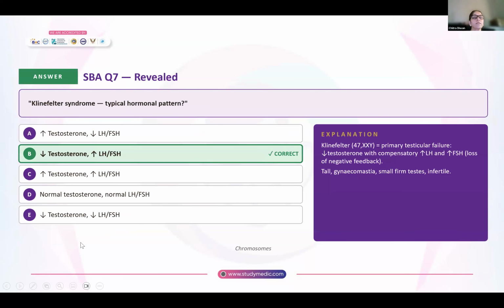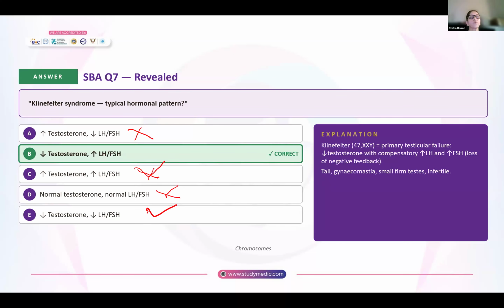Decreased testosterone, yes, because primary testicular failure leads to less testosterone.